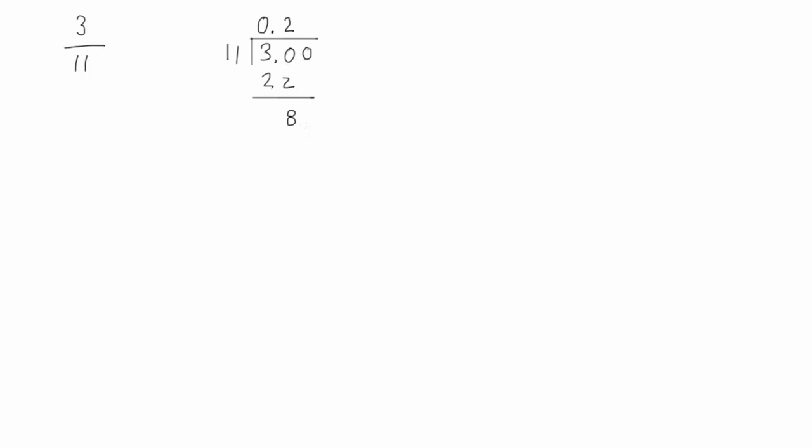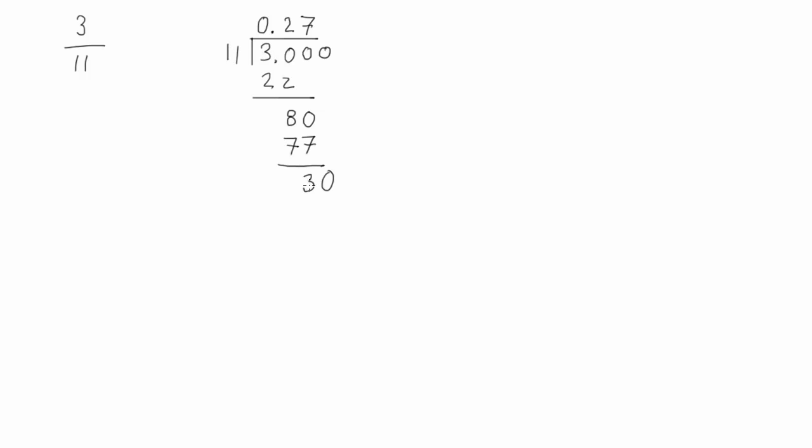We bring down another decimal 0. 11 goes into 80 7 times, so that gives us a remainder of 3. Bringing down another decimal 0, we see that we're back to where we started.